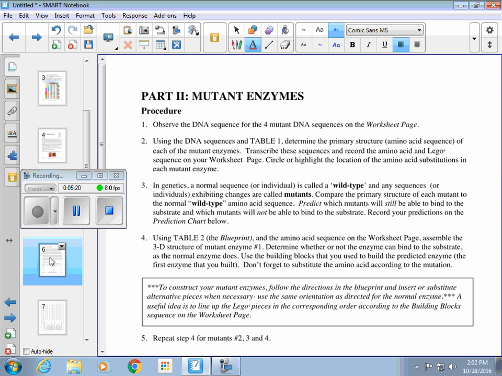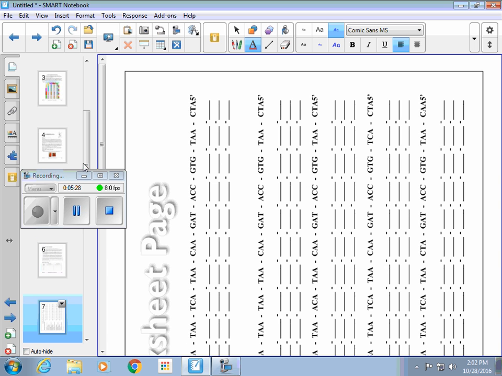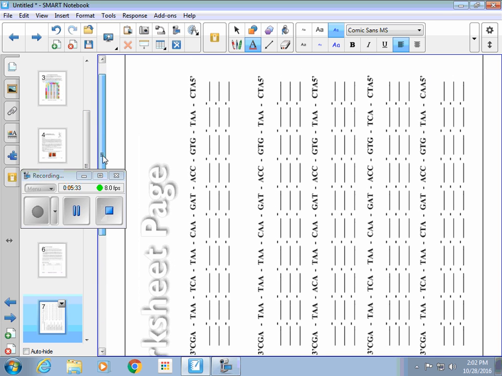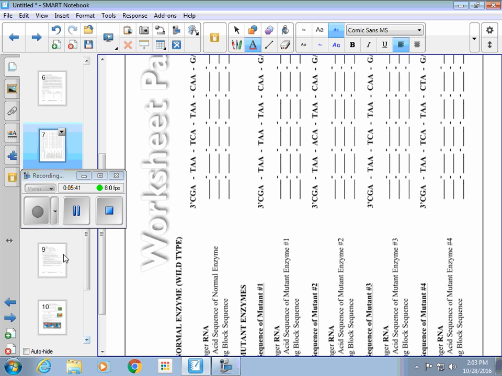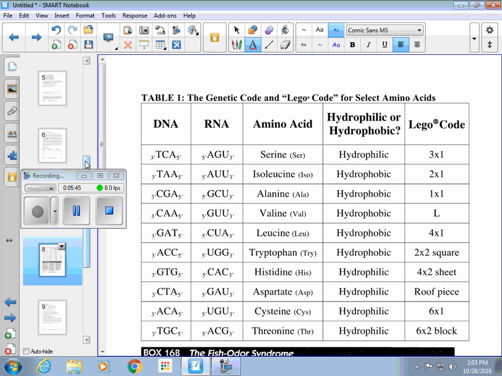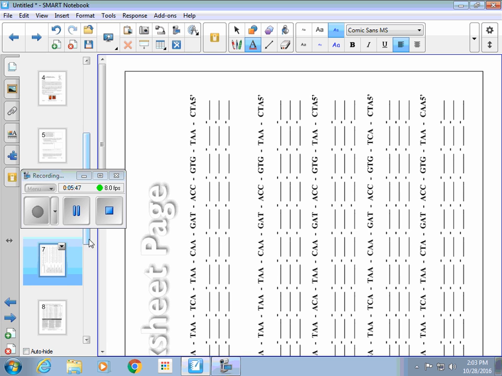The second part of the lab is where you will be creating your mutant enzymes. There are 4 of them. There's also a worksheet page that you will be using for both part 1 and part 2. And there is, can't find it.